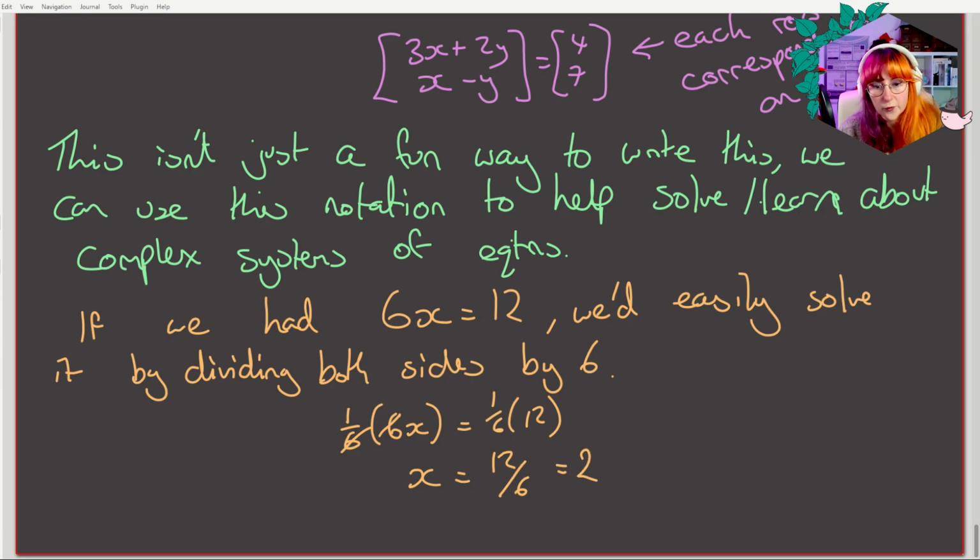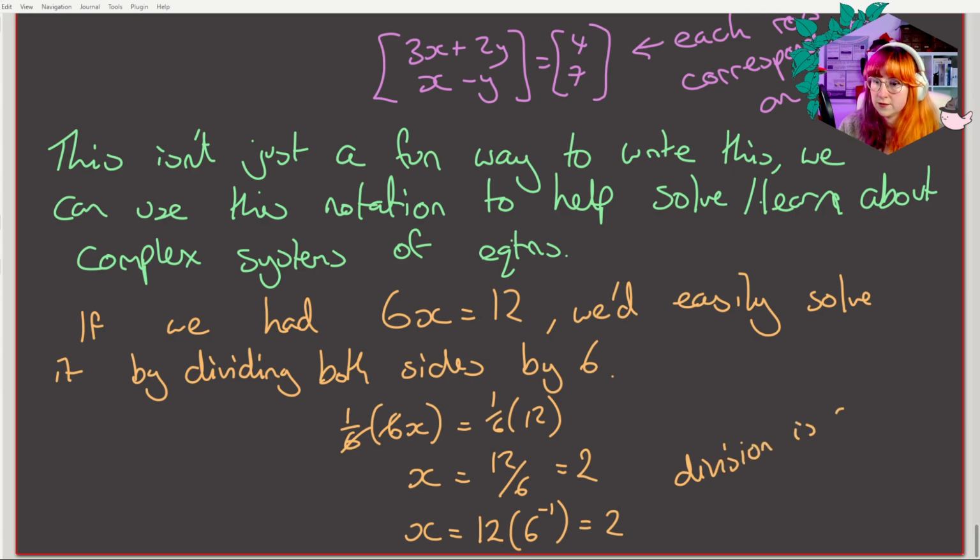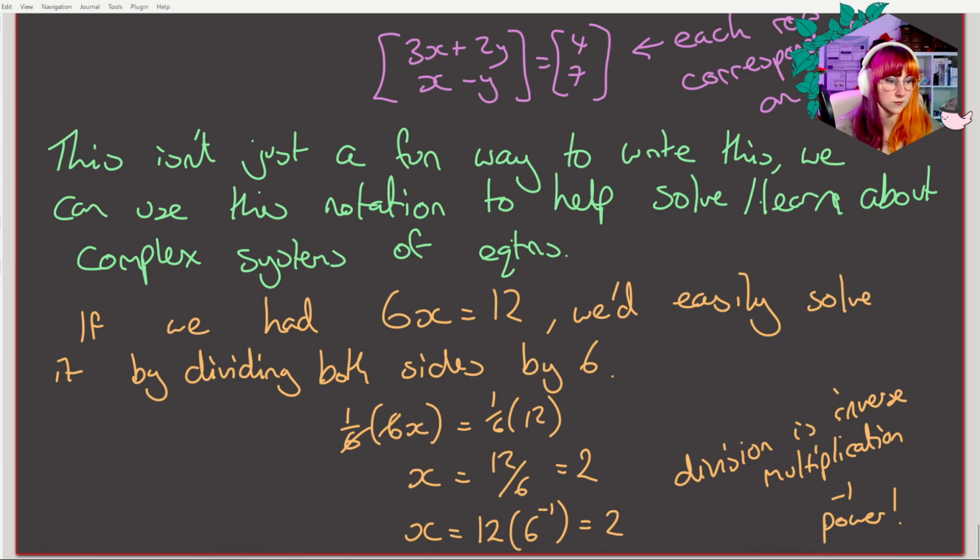But equivalently, instead of writing 1 over 6, we could do x is 12 times 6 to the minus 1 equals 2. Because division is our inverse operator for multiplication. So that minus 1 means 1 over when we're talking about numbers. So we have that.